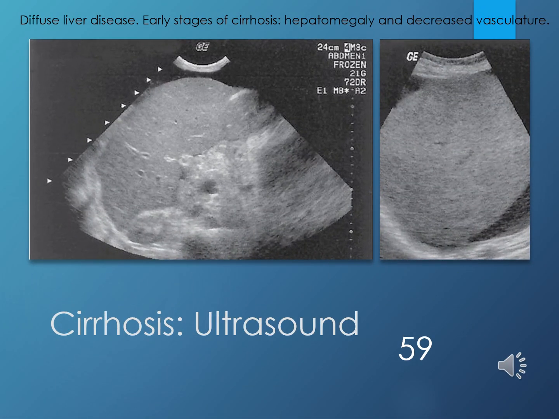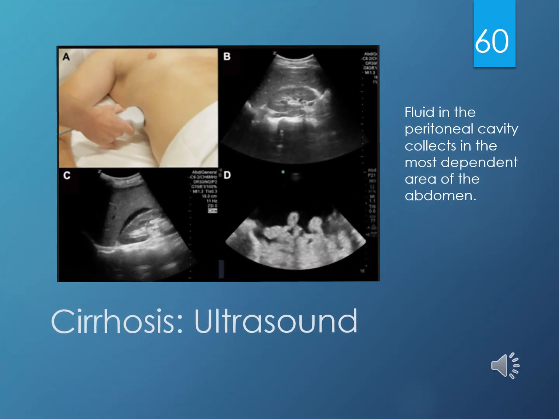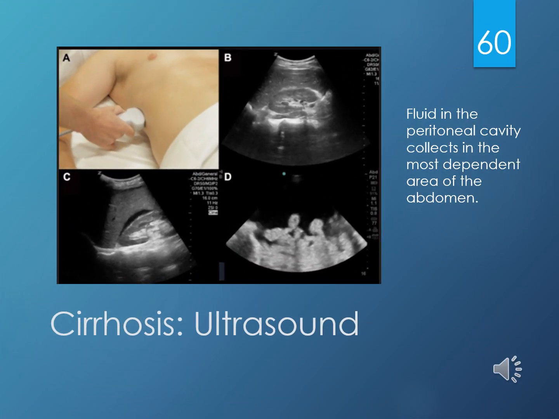Early stages of cirrhosis are going to look a lot like fatty infiltration. You're going to have hepatomegaly and decreased vasculature. Both of these images are already starting to show some ascites. We might not see that with early stage cirrhosis. These images here show the ascites.